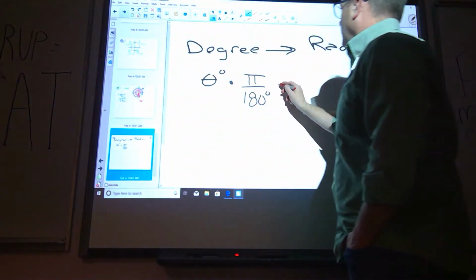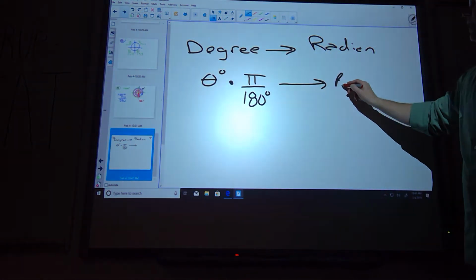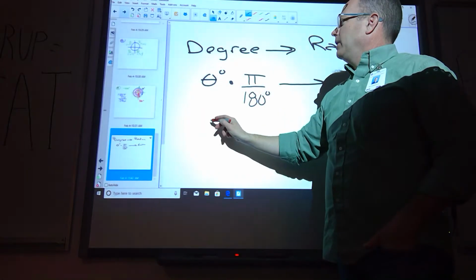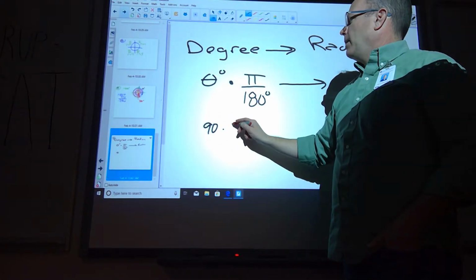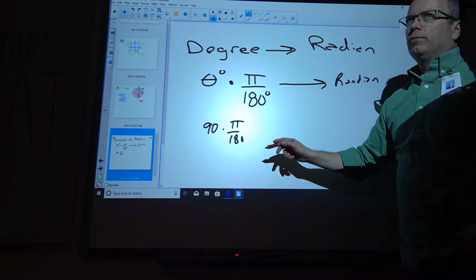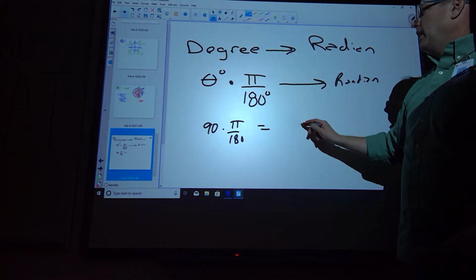And that will give you your answer in radians. So if we had done 90 degrees times pi over 180, what's 90 over 180? Half. So that gave me pi over 2.